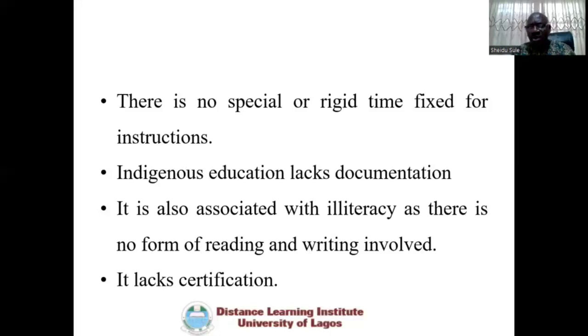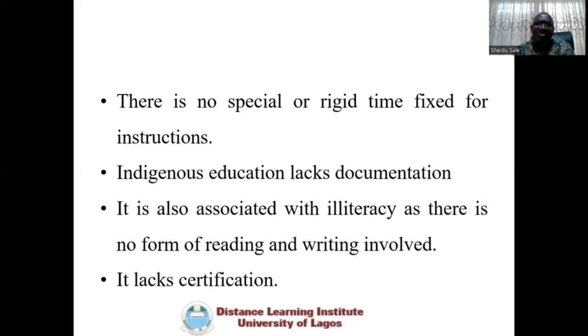So sometimes the version you are told may not be the same version the other person is told. So how to believe the authenticity of whatever you have been told may become a problem. In fact, that serves as one of the disadvantages, which we shall discuss later. It is also associated with illiteracy, as there is no form of reading or writing involved.